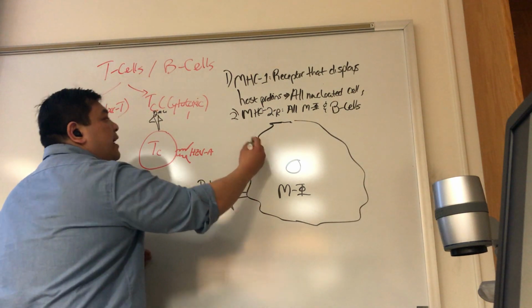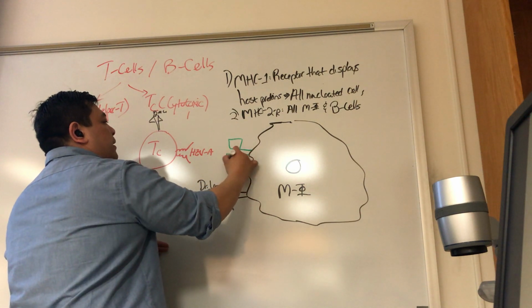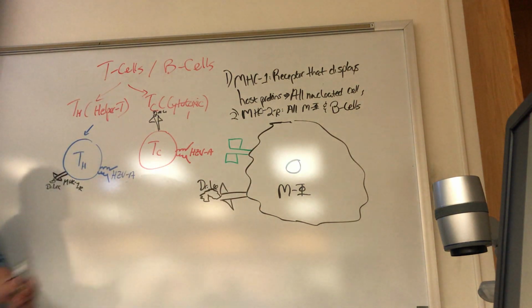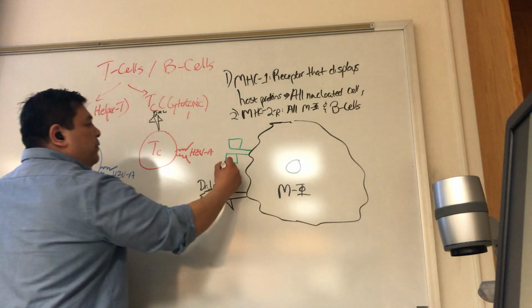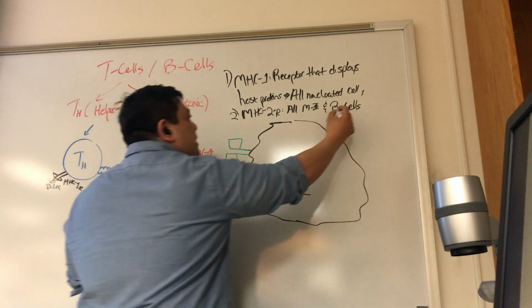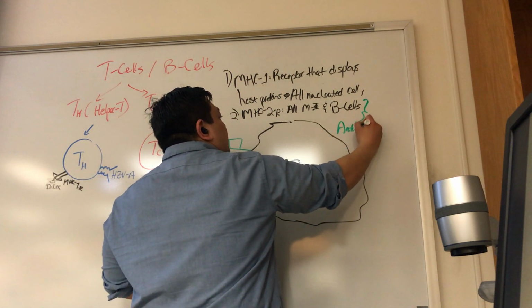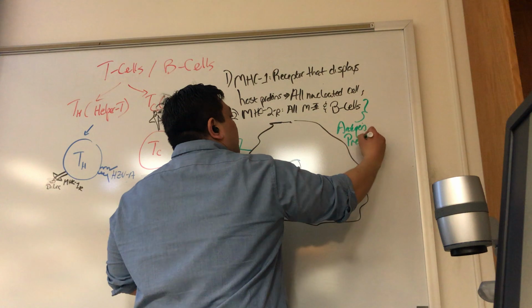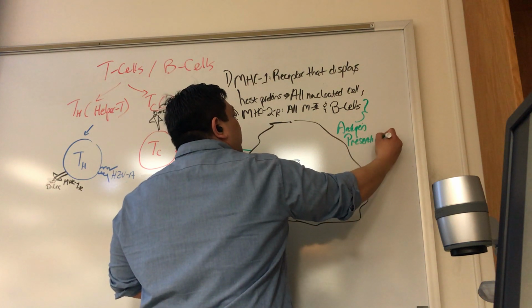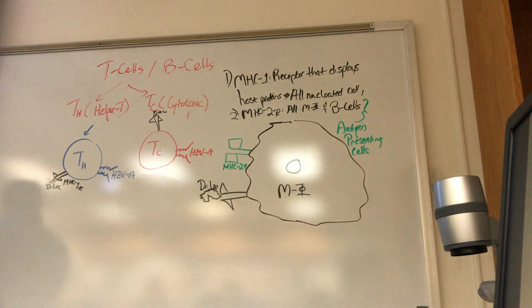They have a second category of receptors, and those MHC2 receptors are what make these guys antigen-presenting cells. So we only find it on these cells, macrophages and B cells.